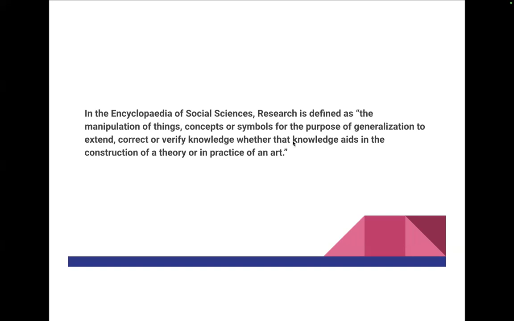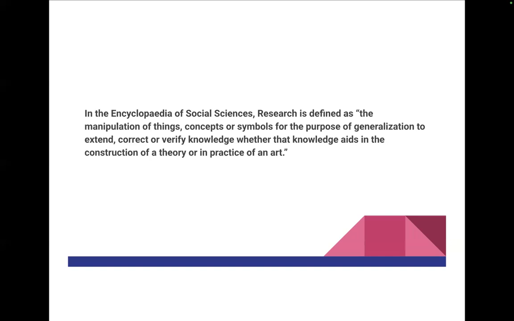Then the Encyclopedia of Social Sciences. In almost all sciences and engineering, we deal with research. But in social science, they face this term on an everyday basis. So in many universities, you will see that the research methodology subject is included in social science courses, and also in business courses, MBA and BBA.